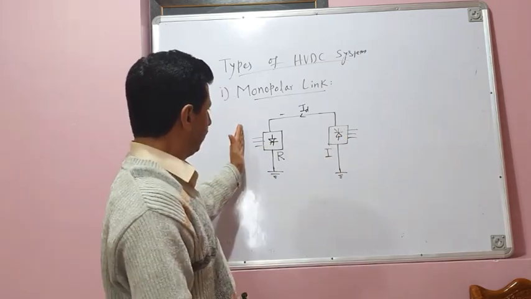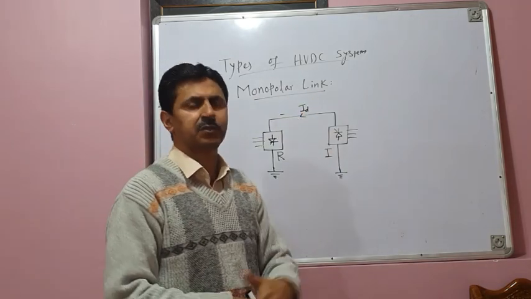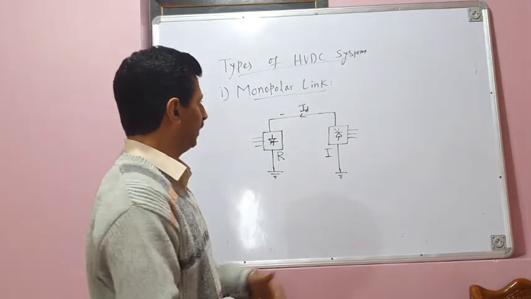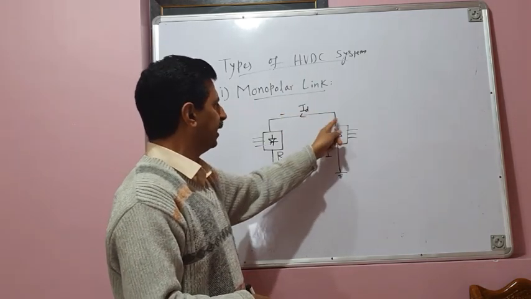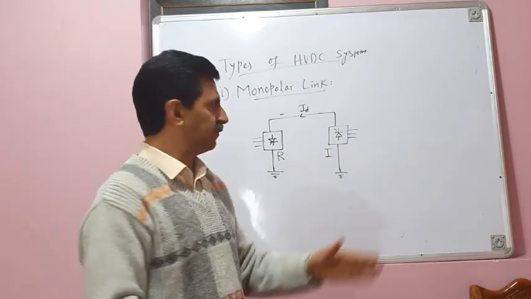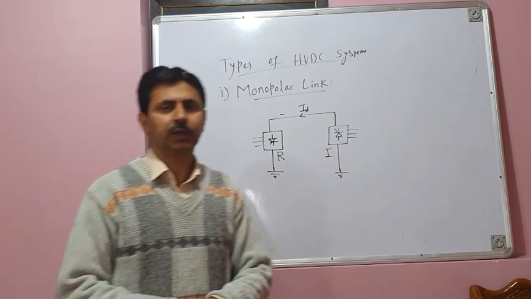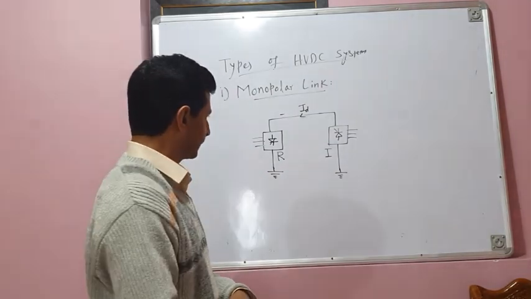What happens? The three-phase AC is converted into DC, and then this DC power is transmitted over a long transmission line or pole, and then this DC is again converted back into AC with the help of this line commutated inverter, and then it goes to various substations where power distribution takes place.